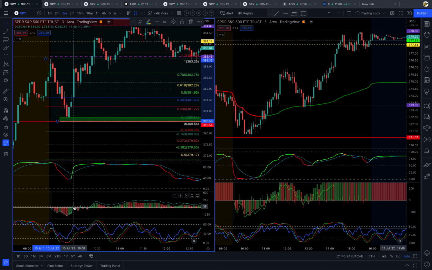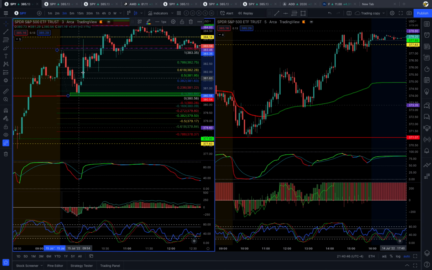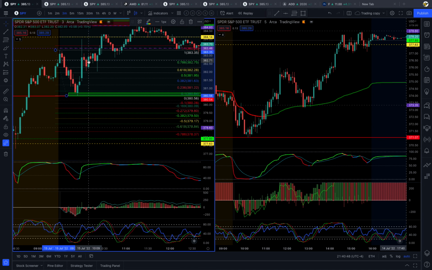That tells me it's either going to be chop or it's going to continue up if it breaks that line. Obviously the RSI is pushing up. The stochastics is all pushing up. So the whole time I'm thinking, if it's not bouncing back down below this 382, it's probably going to continue to push up. And obviously it did here. I don't get in on it because I'm waiting for a retracement. So I didn't get in on that run to the upside.